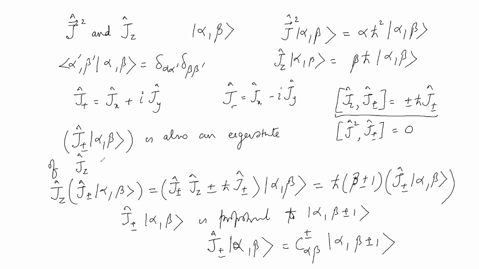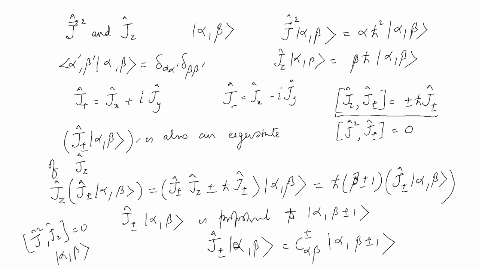Now, J plus minus alpha beta is an eigenstate of Jz. Since Jz and J square commute among themselves, they are represented by a common eigenstate alpha beta.